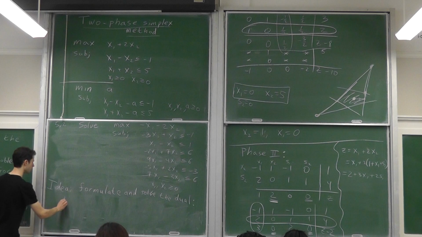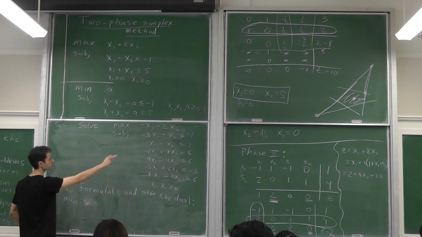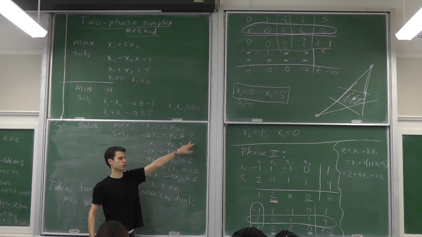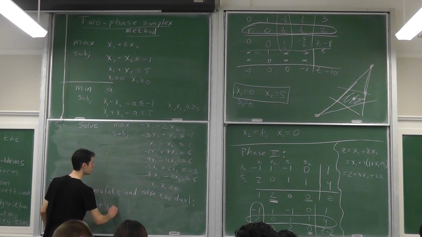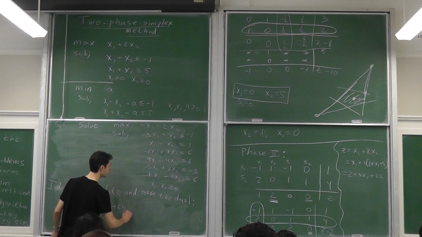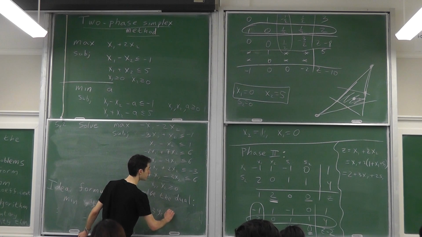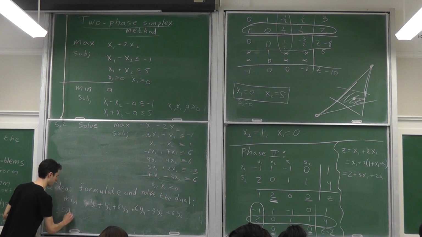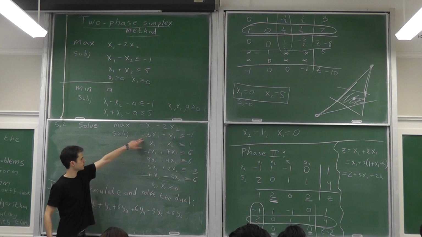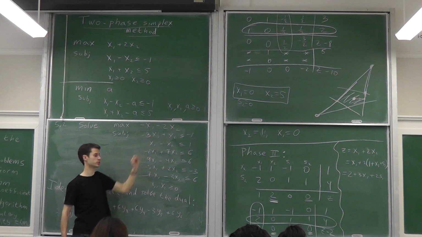So let's do this. I want to minimize W, which is the linear combination of these numbers: minus y1 plus y2 plus 6y3 plus 6y4 minus 3y5 plus 6y6, subject to the constraint that this linear combination of the coefficients is at least -1, and for the second one it's at least -2.